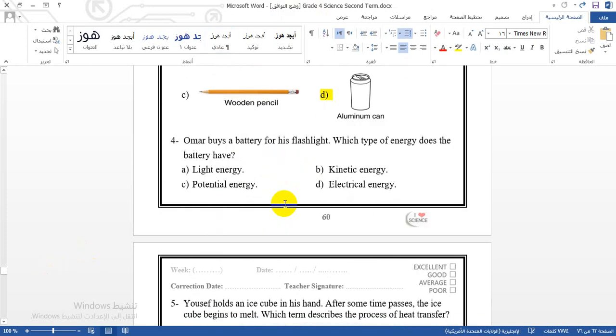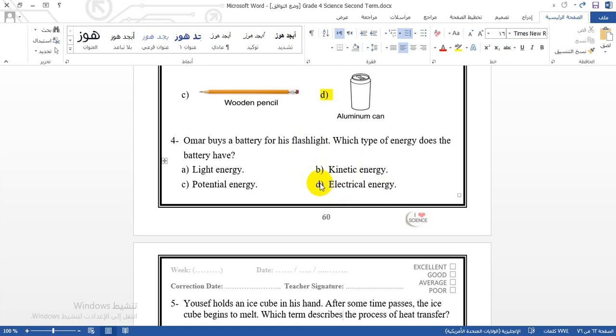Omar buys a battery for his flashlight. Which type of energy does the battery have? Electrical energy. So electrical energy will change to light energy. If you remember the lesson of changing energy, from electrical energy to light energy, or from kinetic energy to mechanical energy, or whatever.